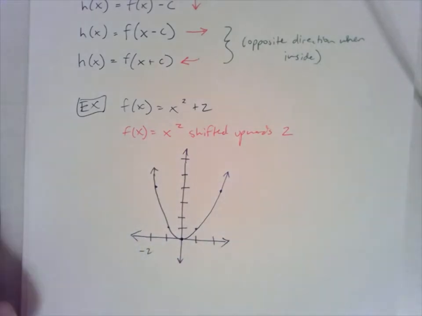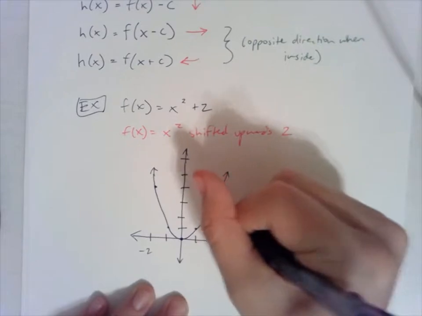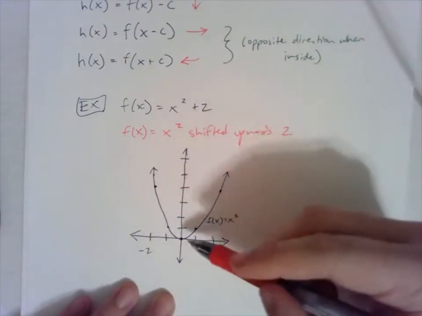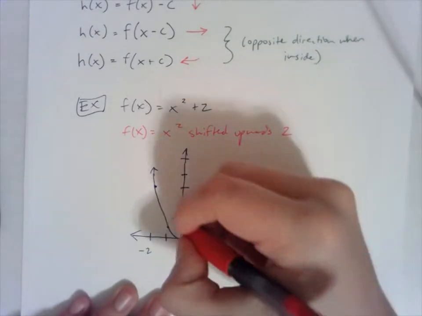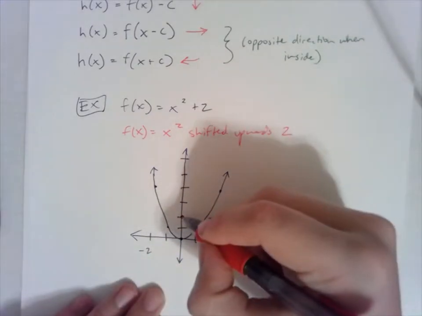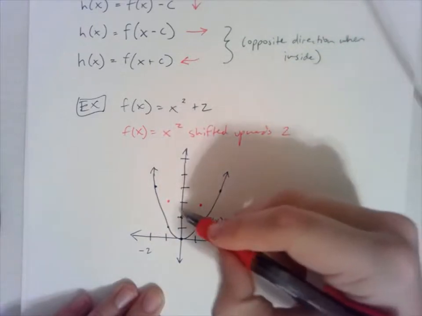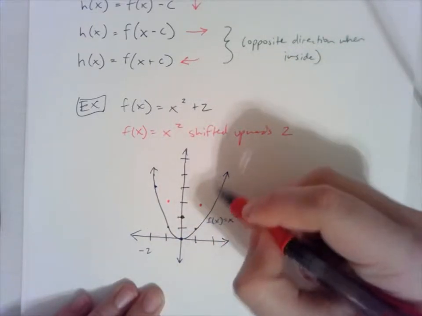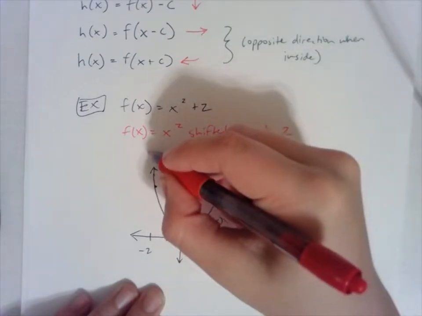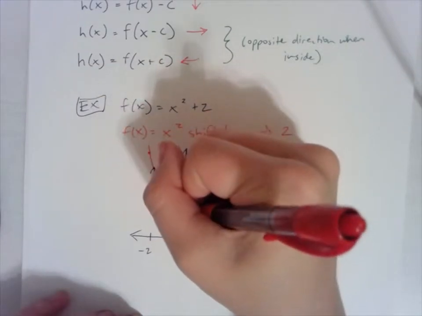This is f of x equals x squared. If we wanted to graph x squared plus 2, we would shift up 2. We'd still make points in the same places: over 1, up 1, over 1, up 1, over 2, up 4, up here at 6, and over 2 up here at 4. And we connect all of our points.